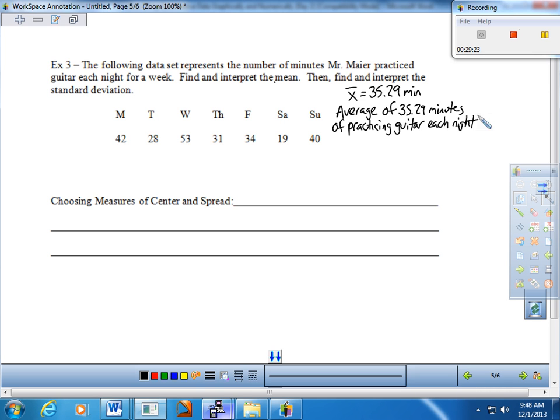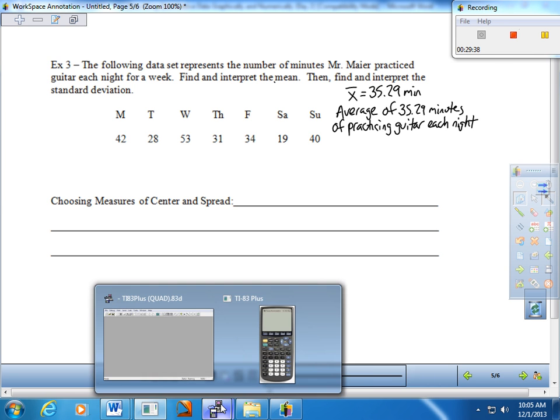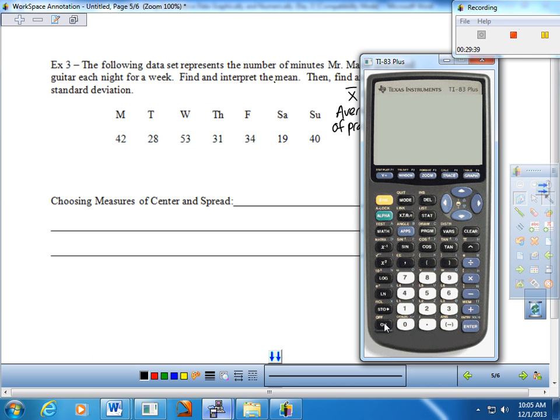Now, guys, what we want to do is get the standard deviation. Rather than doing this by hand, and you're actually more than welcome to, if you feel it's almost quicker than entering the data on the calculator, you're more than welcome to. And I can work through that with you individually if you'd like. But I'm going to just do it on the calculator here, just give you an idea of what the technology would look like.